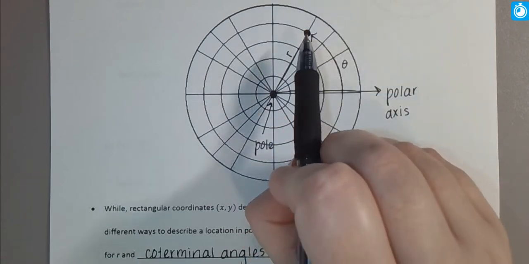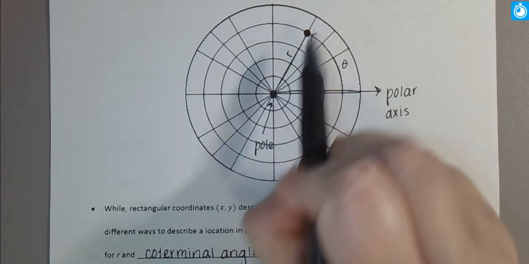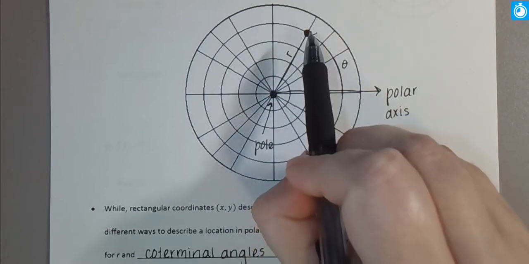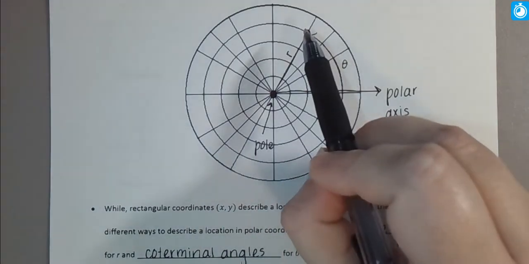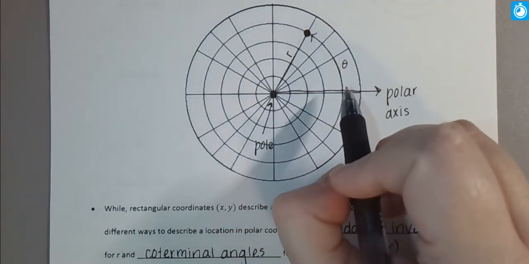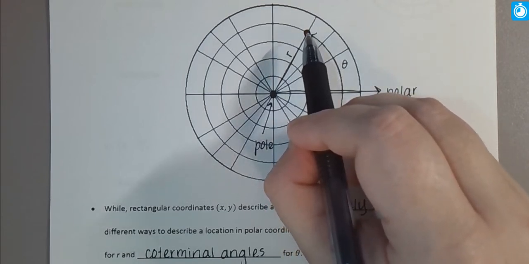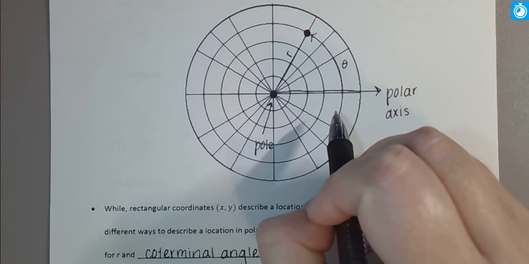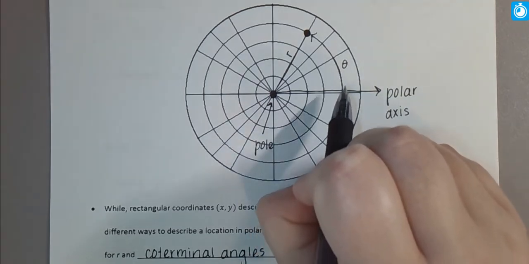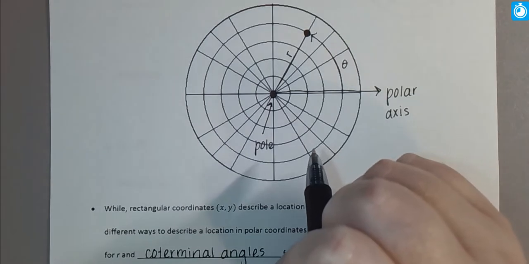Well, we know that we could represent this location using this amount of rotation plus additional full rotations, or minus additional full rotations. So every angle that happens to be coterminal with 60 degrees also represents an amount of rotation that would take us from the polar axis to the particular point we want to represent.